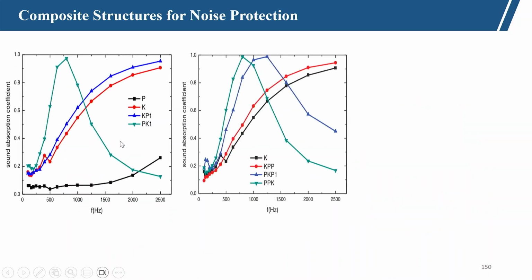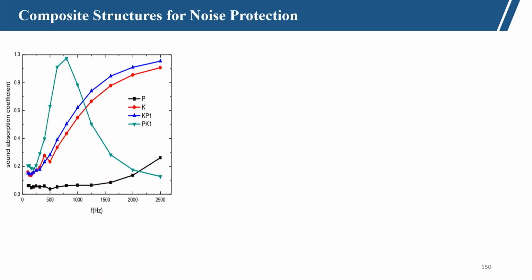Now, here we can see the sound absorption coefficient for P, K, and PK. The polyethylene P has got the lowest sound absorption coefficient, then K is the kapok, which is red color.